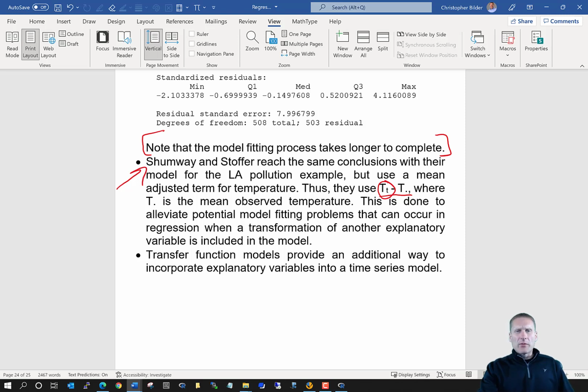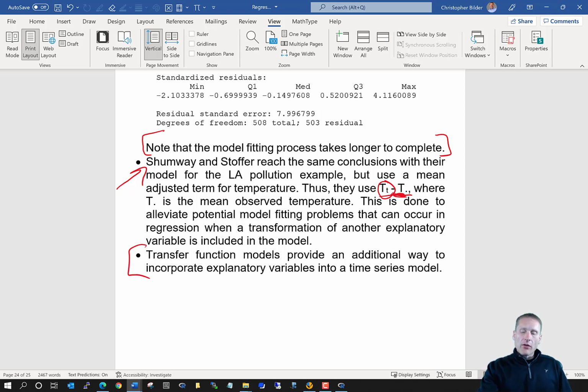This simply represents maybe an older form of how people often approached these kinds of models when there was a square term in the model. In the end, it's not going to change your final answers once you take into account that you're mean adjusting. I don't think it's needed here, but I just wanted to point it out to you if you read the corresponding example in the book.